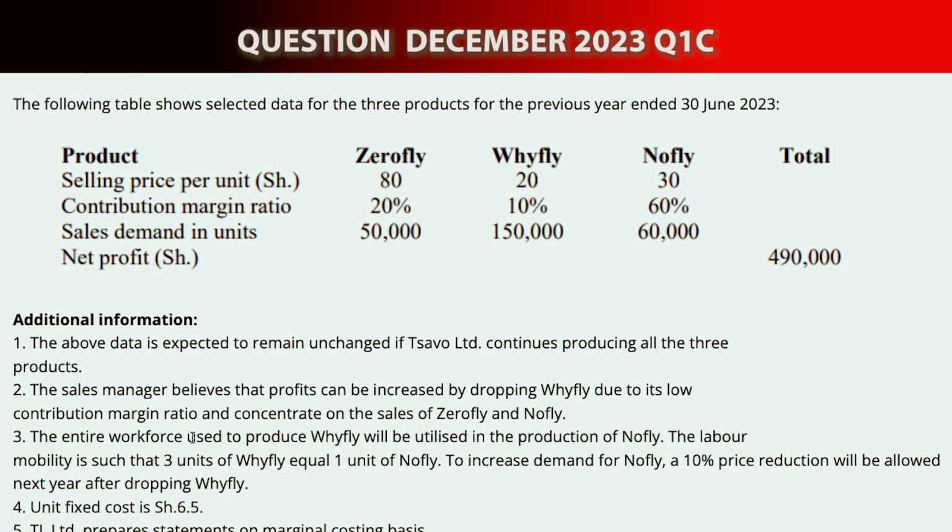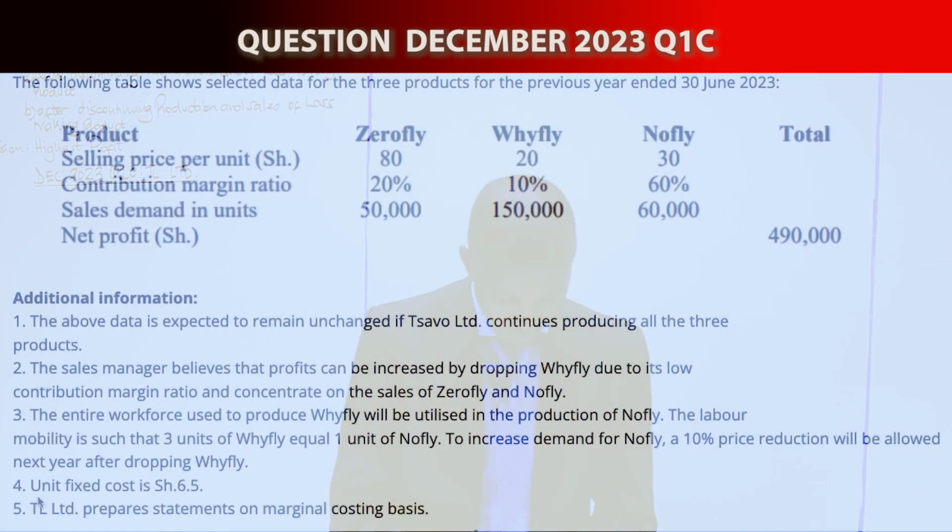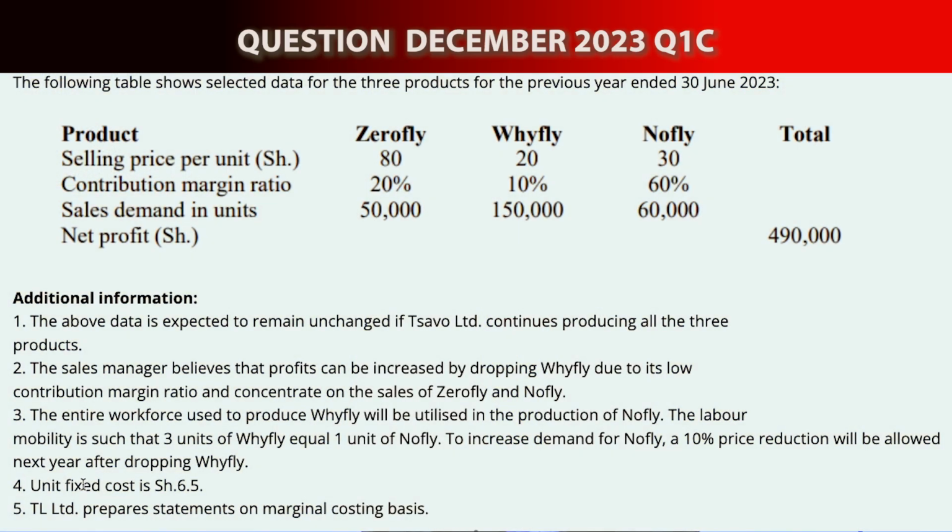The entire workforce used to produce Y fly will be utilized in the production of no fly. The labor mobility is such that 3 units of Y fly equal 1 unit of no fly. To increase demand for no fly, a 10% price reduction will be allowed next year after dropping Y fly. Unit fixed cost is 6.5.